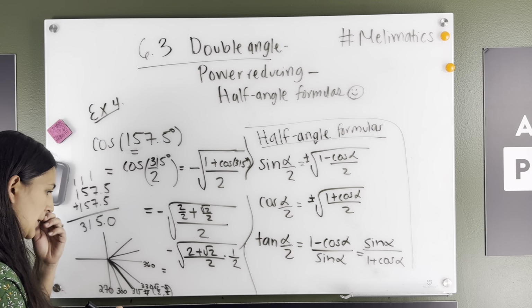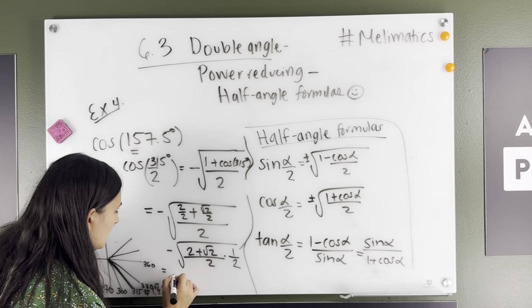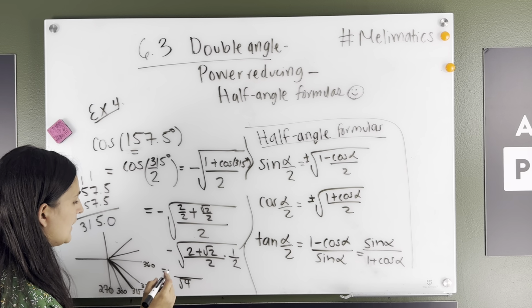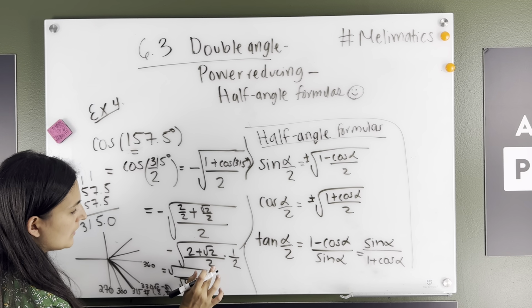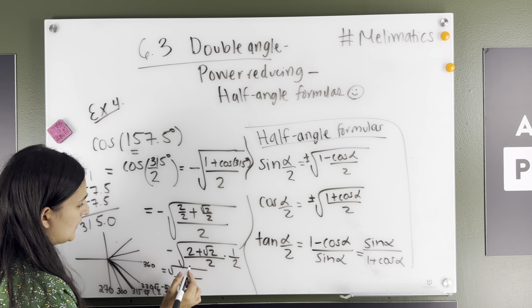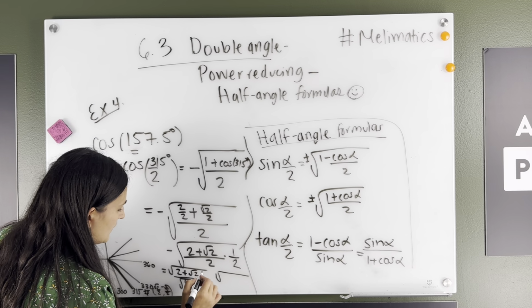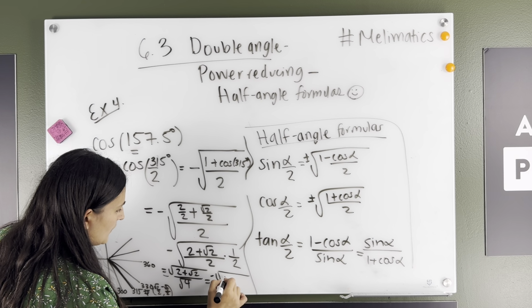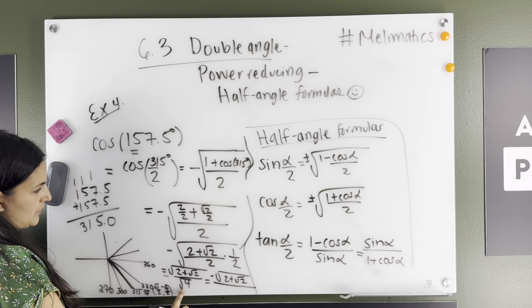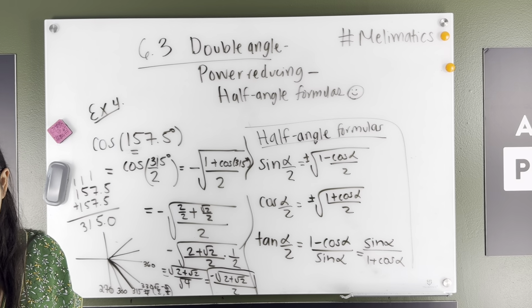Okay, so here the cool thing is we get 2 times 2 in the denominator, which is 4, and we get the square root of that, and we're also going to get the square root of the top, which is just 2 plus the square root of 2, because the 1 doesn't do anything, right? So our final answer is going to be negative the square root of 2 plus the square root of 2 all over, what's the square root of 4? 2. And so this is just, again, more algebra.